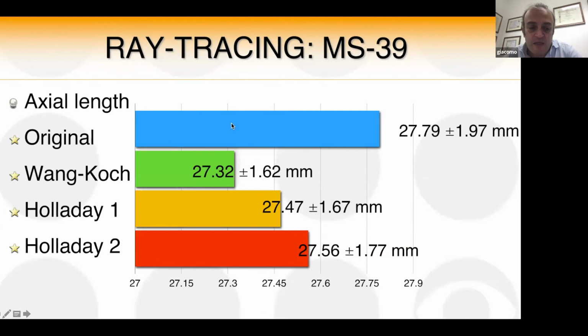For example, on the original printout, the mean axial length in this group of 39 eyes was 27.79. Using the Wang-Koch adjustment, axial length was reduced to 27.32. Using the Holladay 1 adjustment, this change was less aggressive and it was 27.47. And using the Holladay 2, even less aggressive, 27.56.